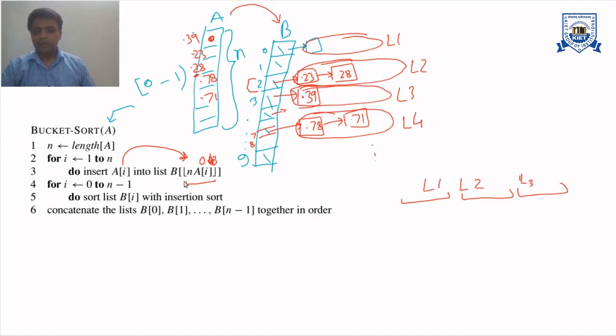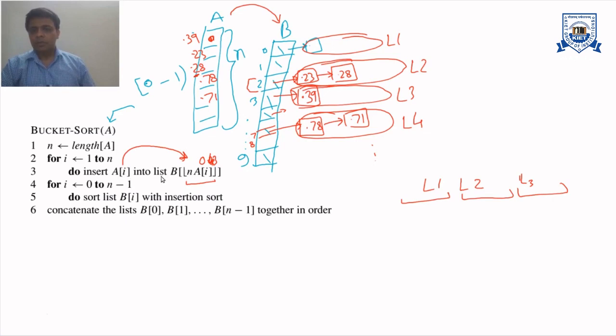One thing you have to notice is the size of B. The size of B depends on the size of A. If there are 1000 elements in array A, the size of array B would be 1000. If there are 5000 elements, the size of B would be 5000.